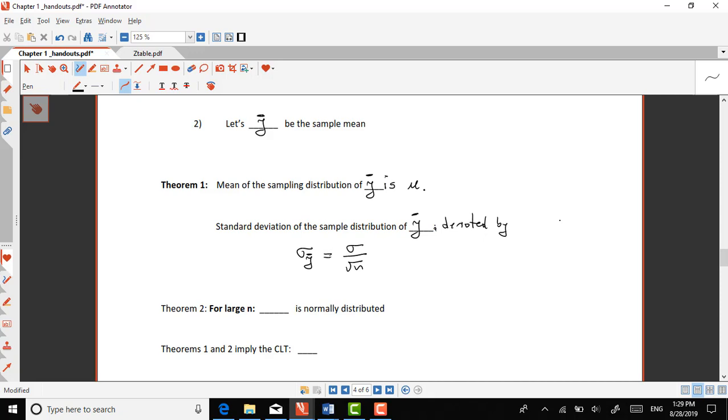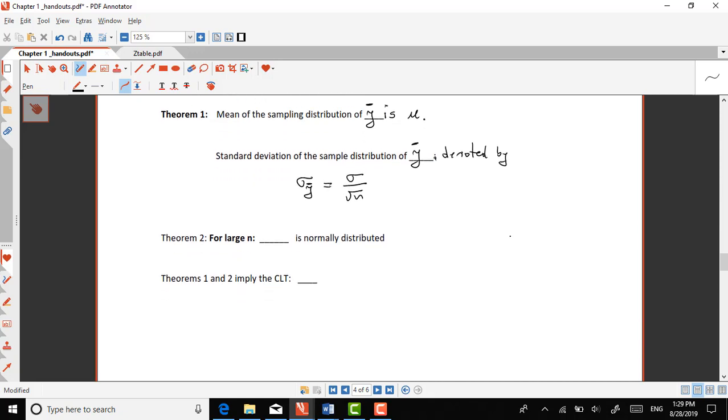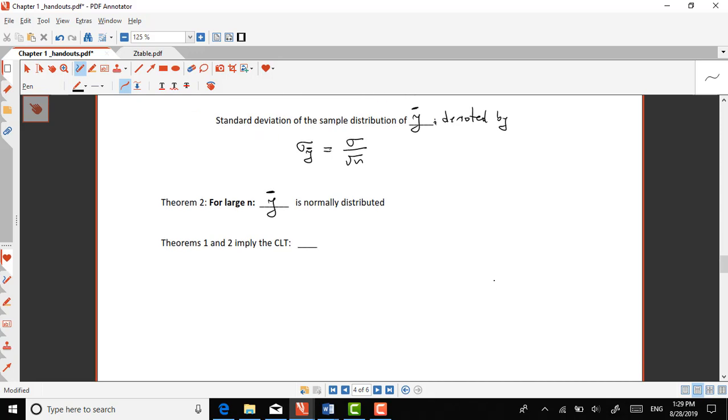Now this is where the next theorem comes. If you have large enough n, the sample mean is going to be normally distributed. That's what Eduardo was saying, and that's kind of what we were assuming. Theorems 1 and 2 imply what's called the central limit theorem. So that's the famous central limit theorem.